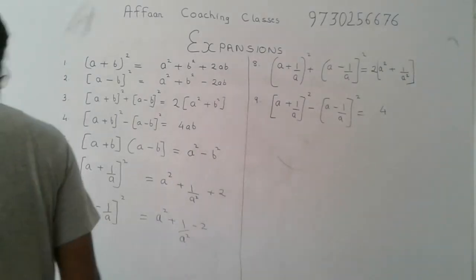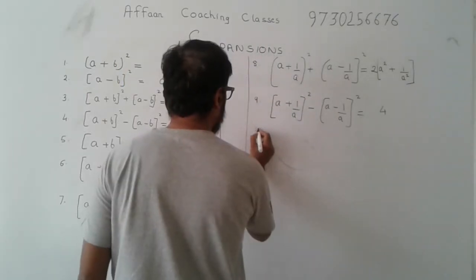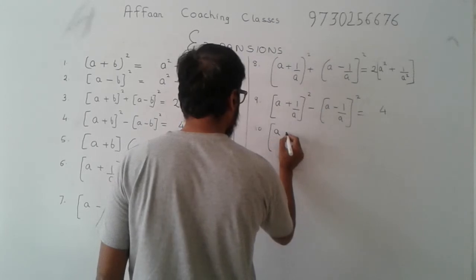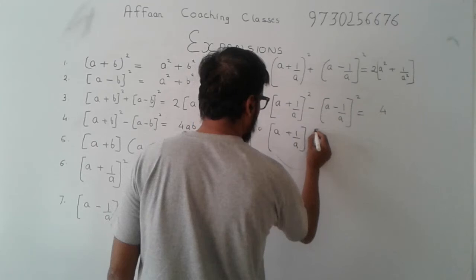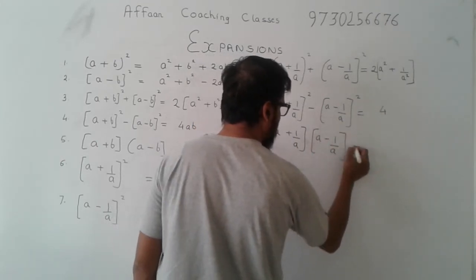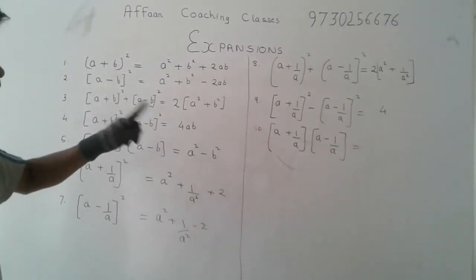And the third formula is this one, where you have a plus 1 upon a and a minus 1 upon a. Here we have replaced b by 1 upon a.